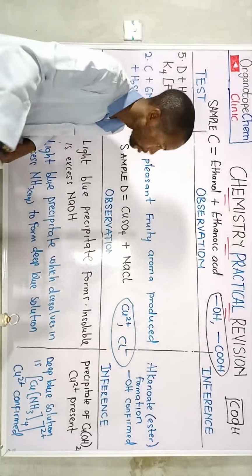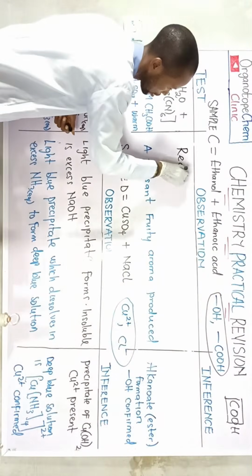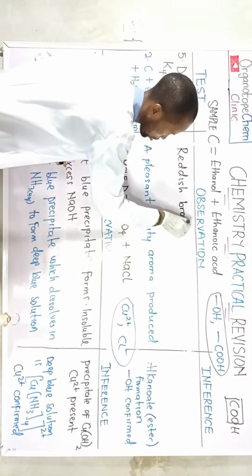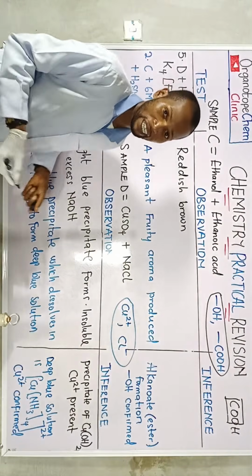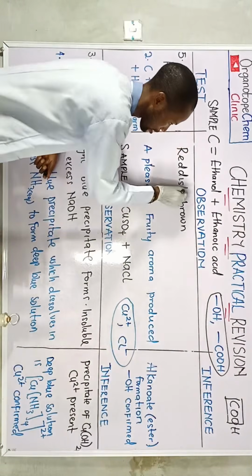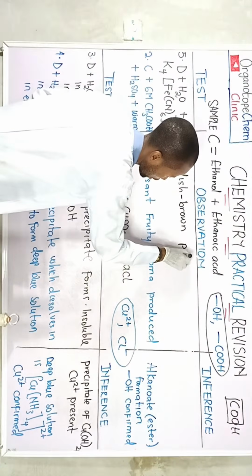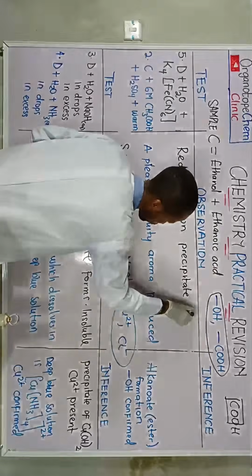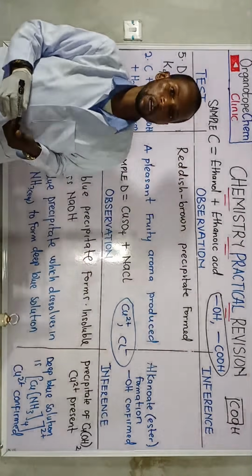Where is my marker? We have reddish brown. In some cases, you can have a chocolate precipitate, but chocolate, we don't really take as a color. So reddish brown precipitate formed.